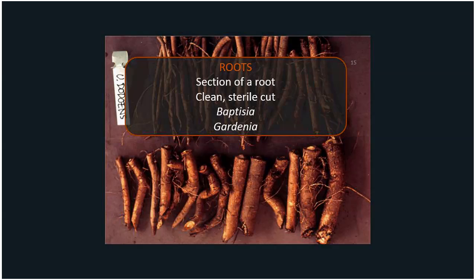Keeping in mind it's going to have fresh cuts on there, so it will have entry points. So make sure you have sharp, clean cuts. Make sure you do everything rapidly so that plant isn't stressed. Do it early in the morning. And root cuttings are something that people sometimes order, especially online if they're buying in perennials, herbaceous perennials, shrubs. Baptisia is a classic example.